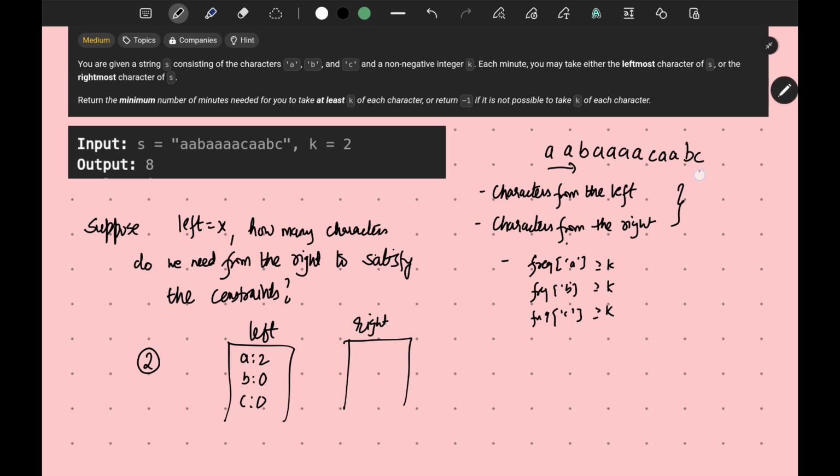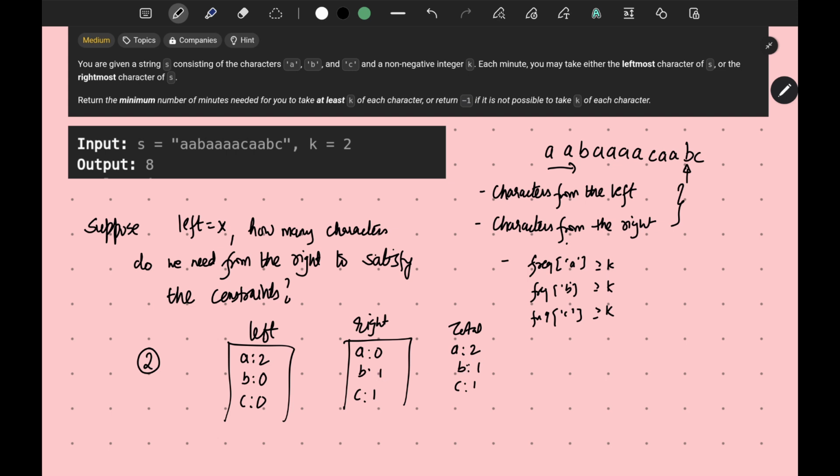Okay, so let's say we take only one from right, then we would have C1. So now we have a total of A2, total of B0, total of C1. So that means we need to take more characters from right. If we take 2 characters from right, then B would be 1.